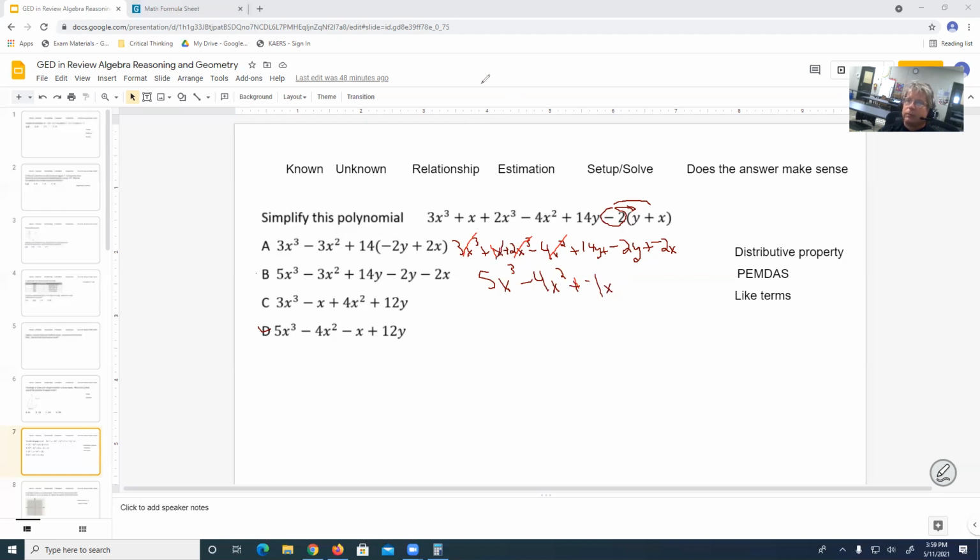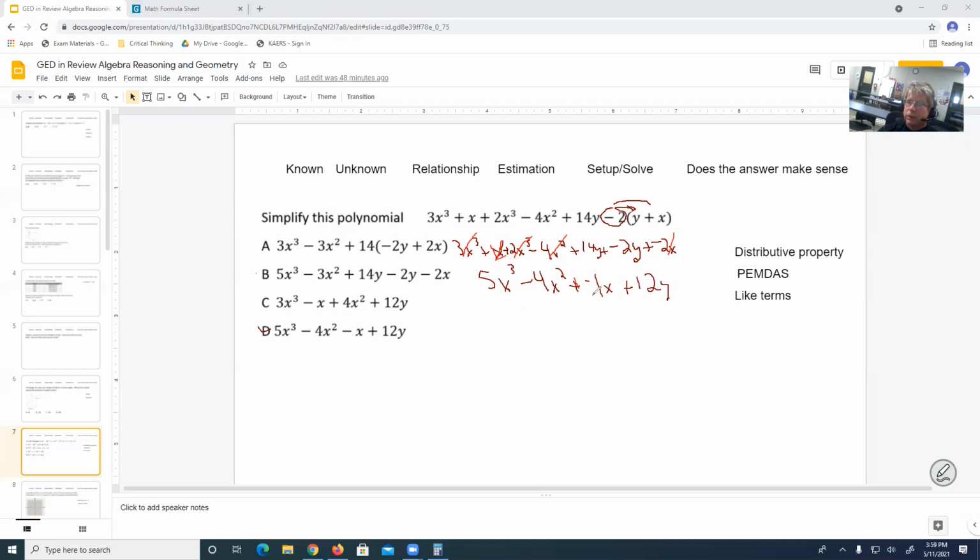And so that term's gone and that term's gone. So the only thing that's left is this 14y and this -2y. 14y and a -2y would end up being a positive 12y. So we end up with this 5x cubed minus this 4x squared plus -1x plus this 12y.